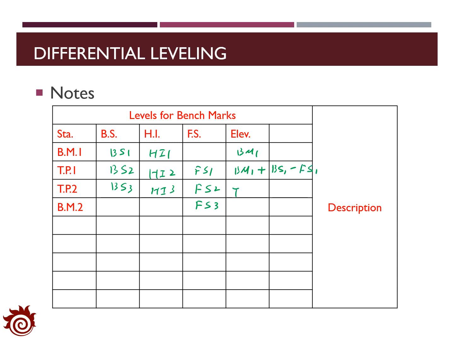And that will be turning point 1 plus backside 2 minus foresight 2. At last, we have turning point 2 plus backside 3 minus foresight 3. Finally, we need to record the error. That is the estimated benchmark 2 minus the true benchmark 2.